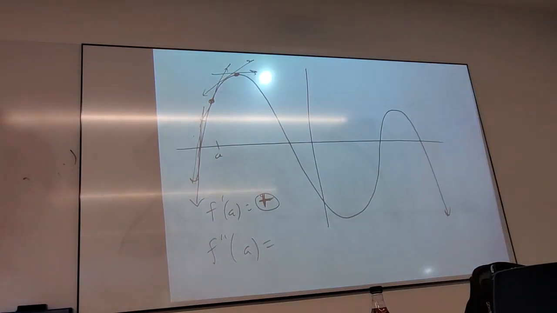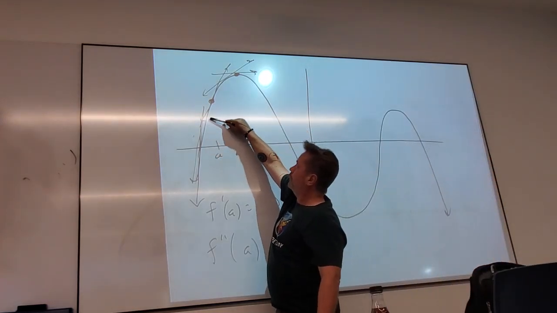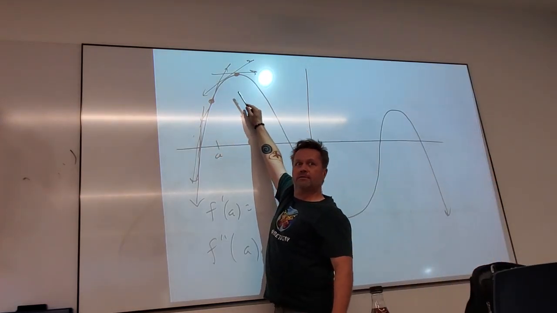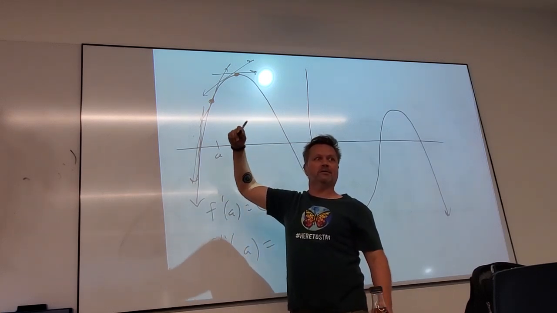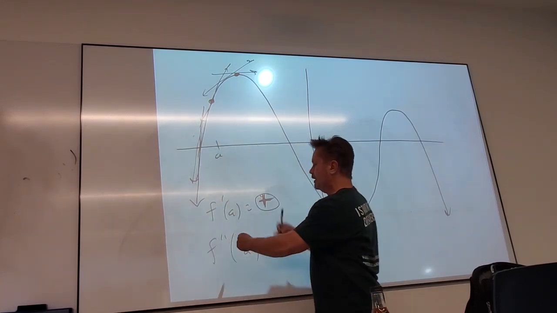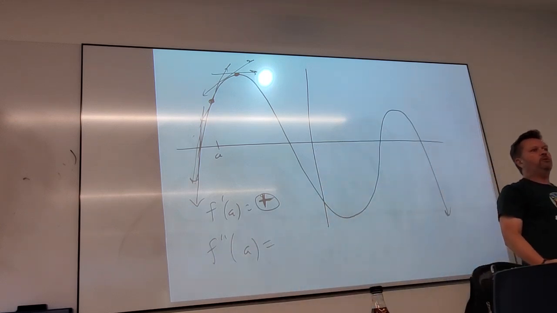Is that rate increasing or decreasing? Yes, I'm still going further away from home, correct? But am I going further away from home faster or slower? Slower. So then the second derivative must be negative. I'm slowing down.